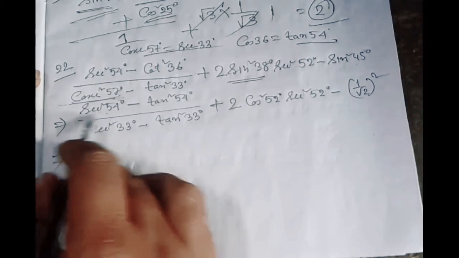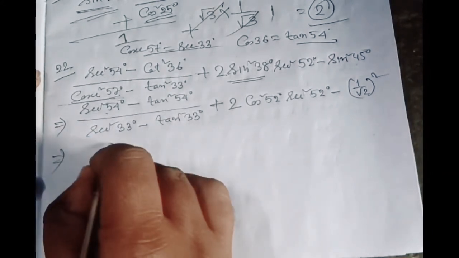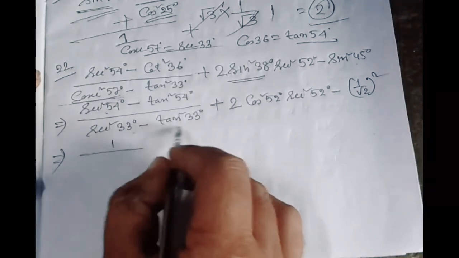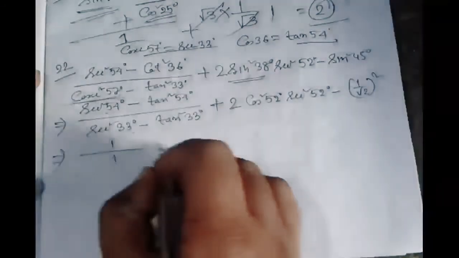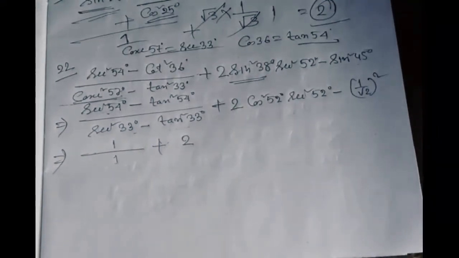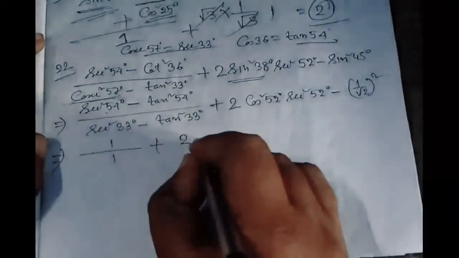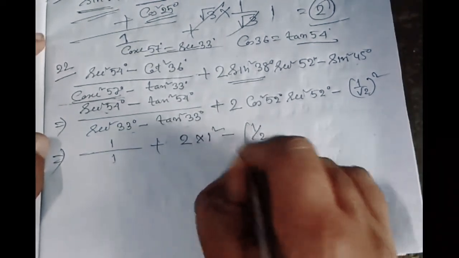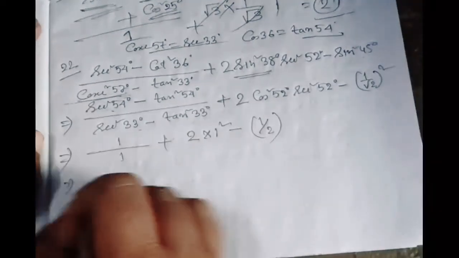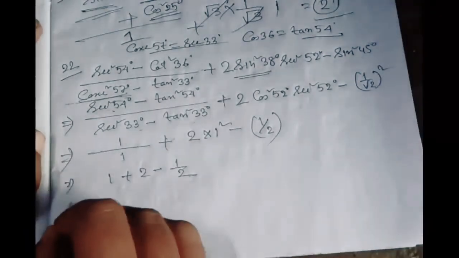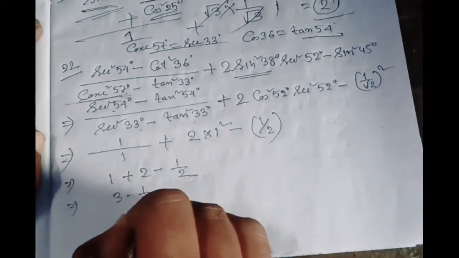This is now sec square 54 minus tan square 54 means 1 divided by sec square 33 minus tan square 33, 1, plus 2. This is cos square 52 into sec square 52 means 2 into 1 square, minus 1 by 2. 1 plus 2 minus half means 3 minus half.